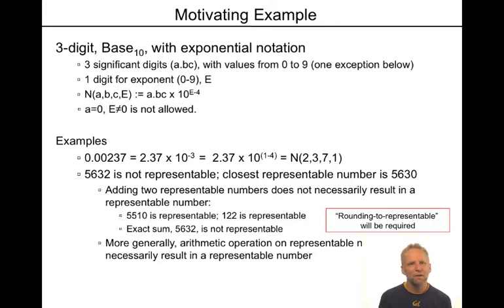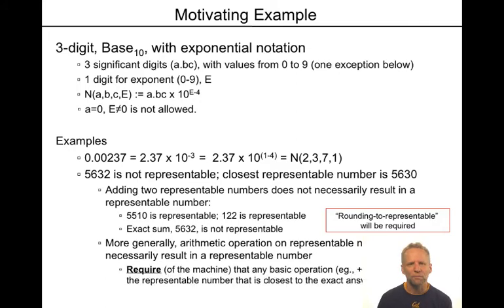A lot of arithmetic operations, binary operations that combine 2 numbers, plus, minus, division, multiplication, will not necessarily result in a representable number. The trigonometric functions, even if I start with a 3-digit base 10 number, applying the cosine or sine to that will not result in a representable number. So that's going to happen all the time, all throughout our programs.